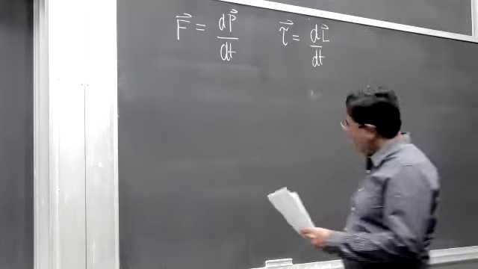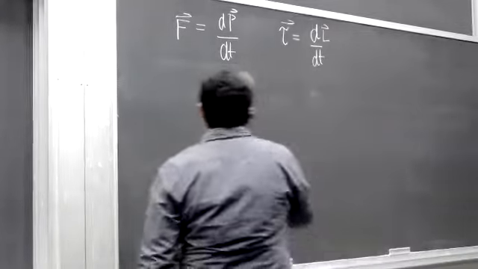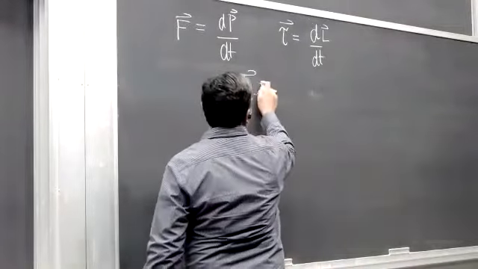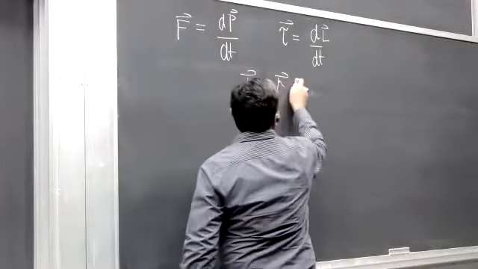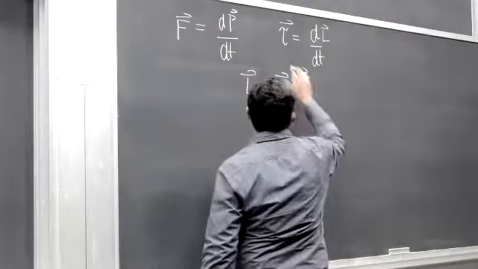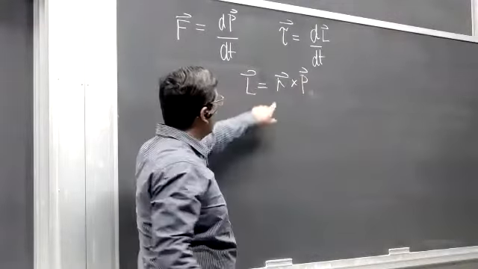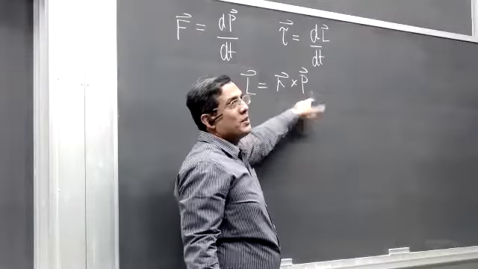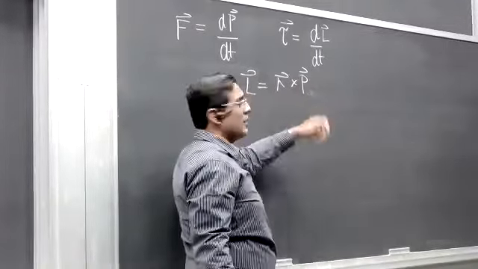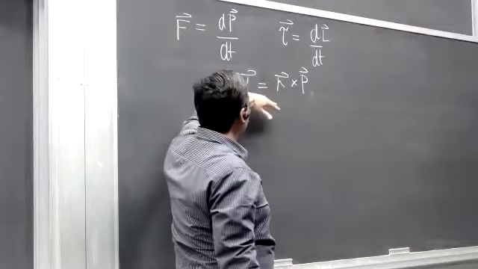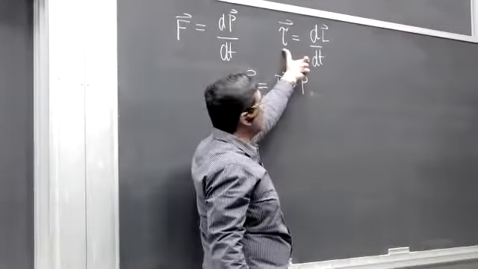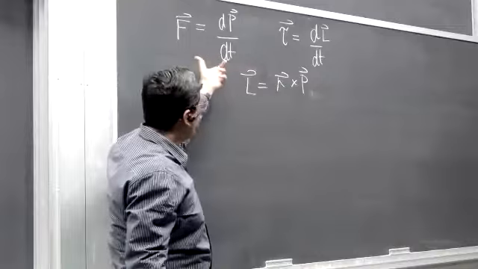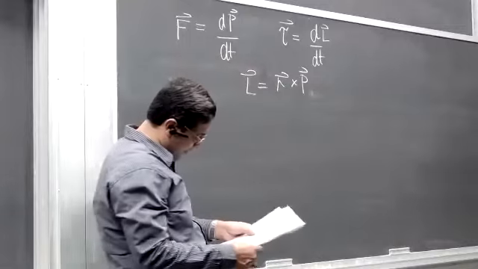Let's heuristically define this L to be r cross p, where r is the position vector and p the linear momentum. The cross product of those two, I propose, would be the quantity that gives us a relationship analogous to this one.